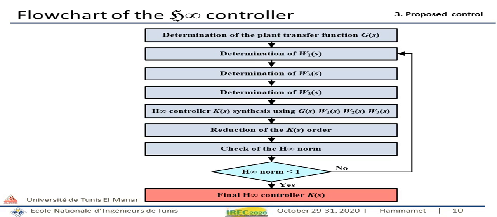It should be noted here that the weighting functions are determined based on the desired shapes of S, R and T. The determination of the nominal plant and the weighting functions allows the creation of the H-infinity controller K. After that, the order of the H-infinity controller is reduced since the order of the obtained one is high. The last step of the H-infinity synthesizing is to check the norm of the closed-loop transfer function. If this norm is greater than 1, the choice of the weighting functions should be adjusted.